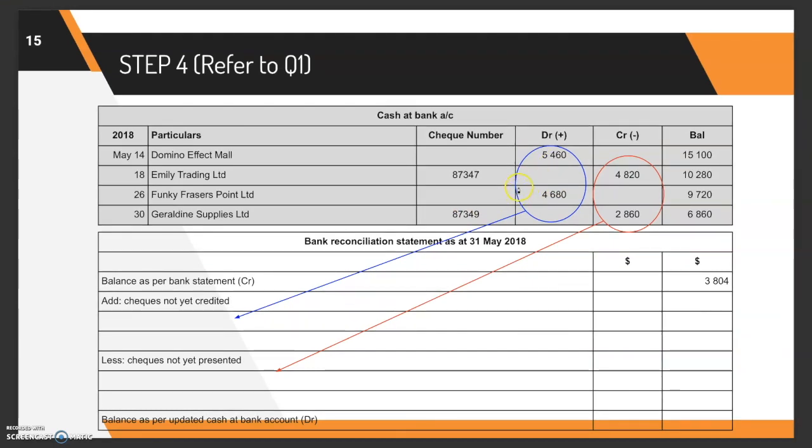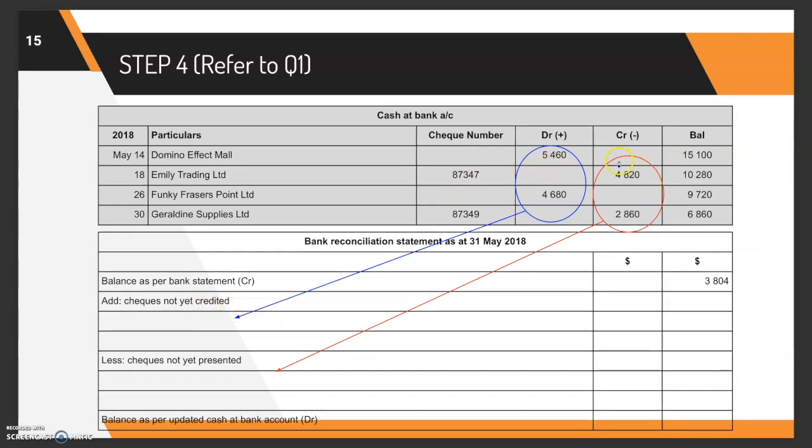Okay, similarly, I'm going to take the 4 checks that were not processed by the bank. I'm going to add the ones that I received. Okay, we call it the checks not yet credited. Why is it not credited? Because the word credited is actually from the bank's point of view.